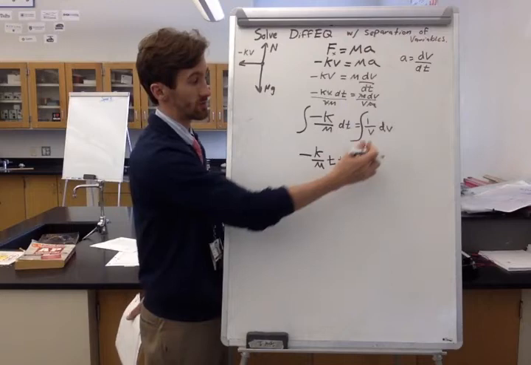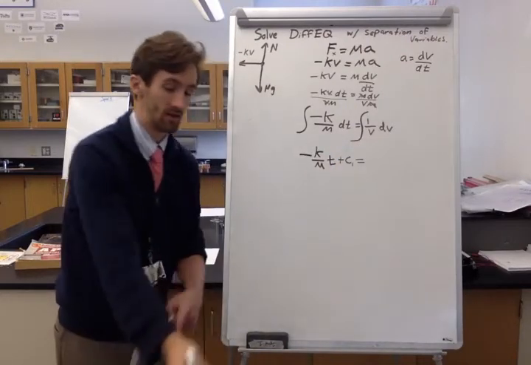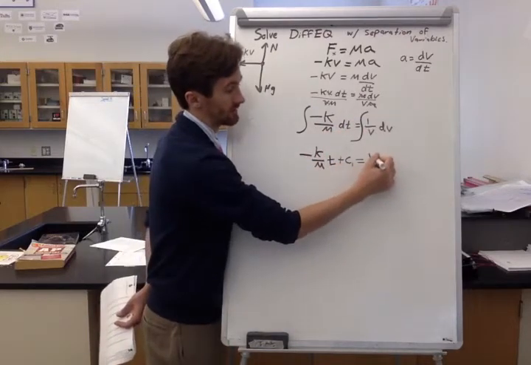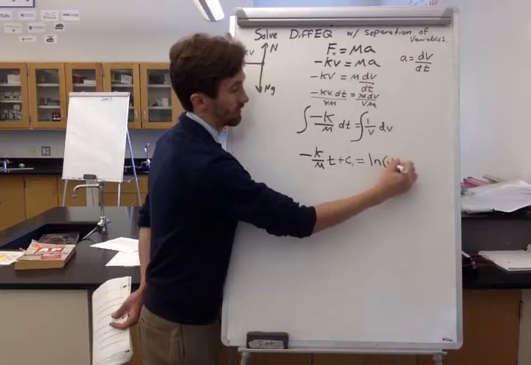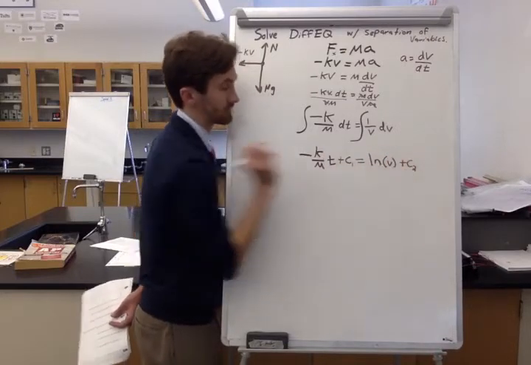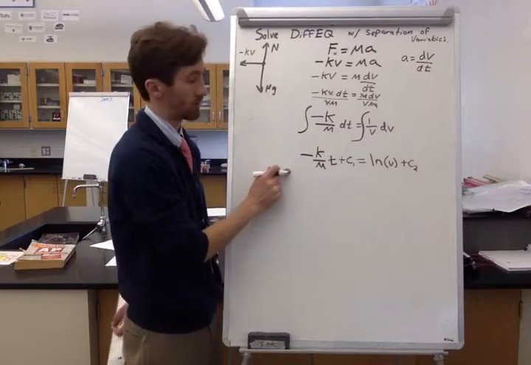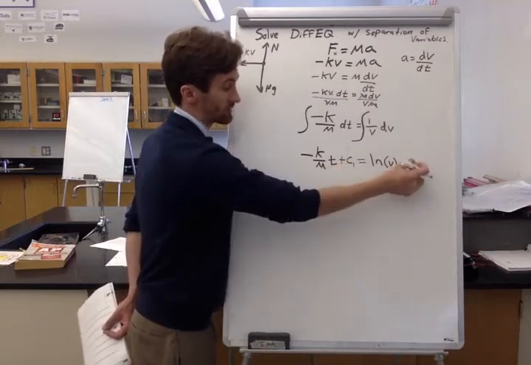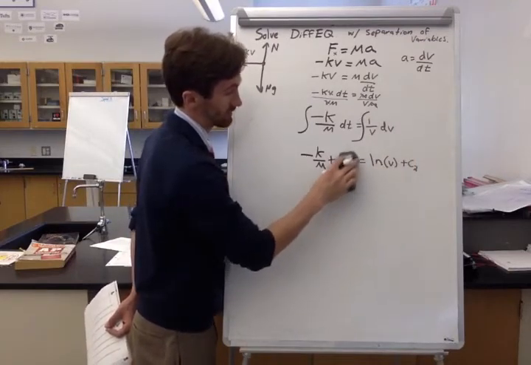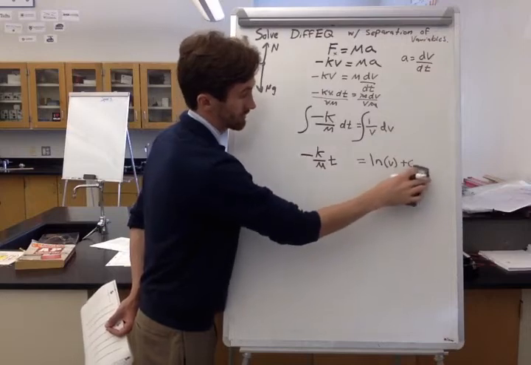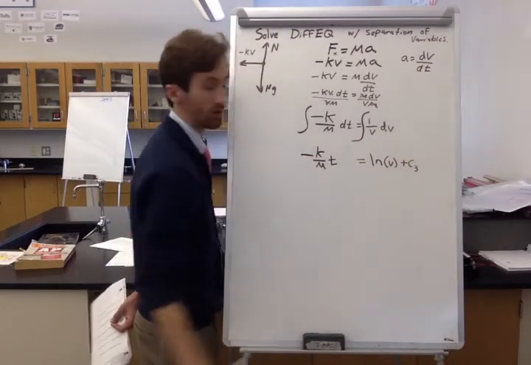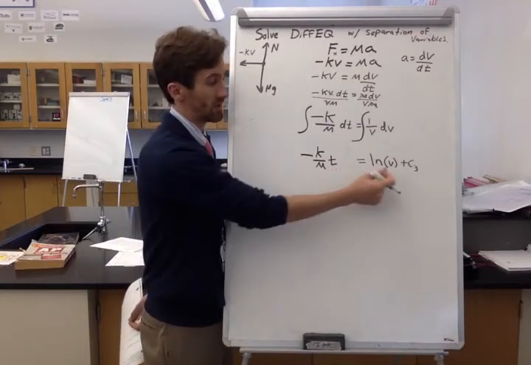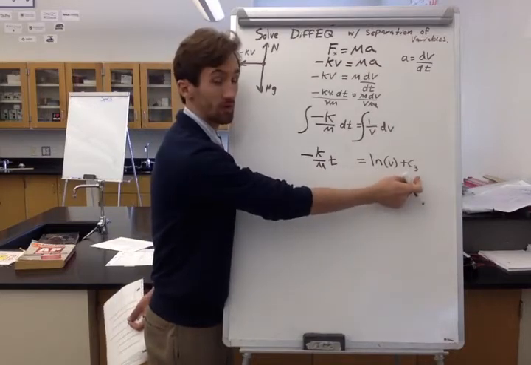On the other side, one of our math facts from class is that the antiderivative of 1 over the velocity is the natural log of the velocity, plus we'll call it constant 2. When we have some unknown constant and some unknown constant, we can combine those to the other side and make this plus some other unknown constant. So now we have negative k over m times time equals the natural log of velocity plus some constant.